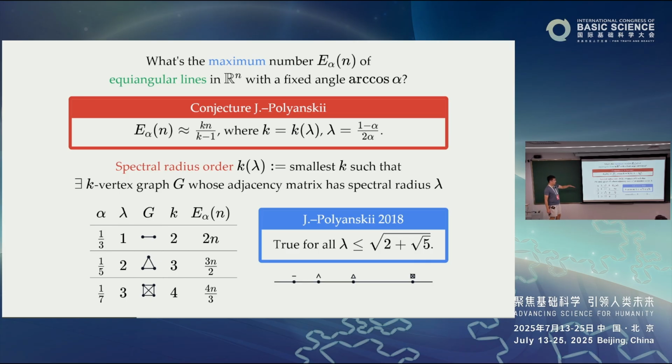Here you think about it as a number line, and you plot a dot whenever a graph hits the spectral radius on that number. So that one's root 2, this is 4. And our result shows that there is a barrier that needs to be overcome before you prove anything new, okay?